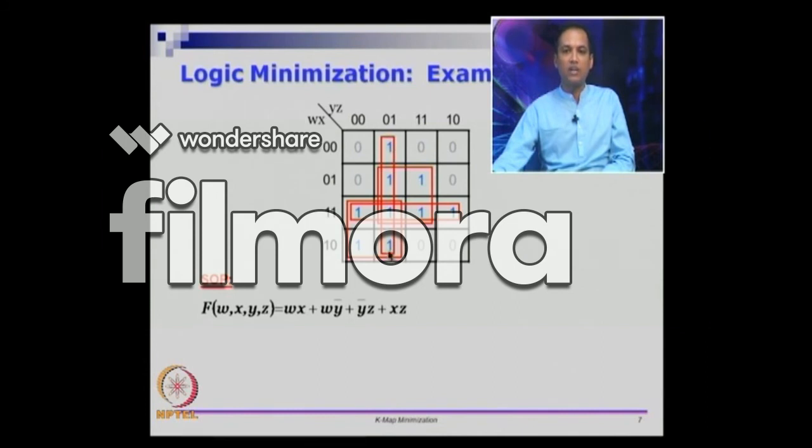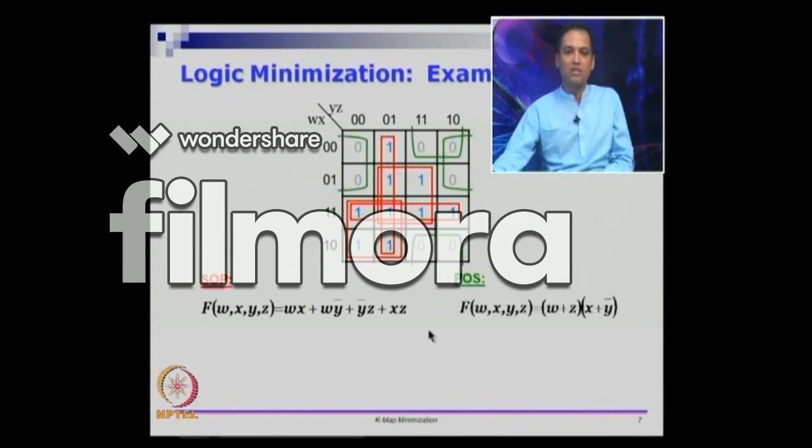This column here corresponds to y being 0 and z being 1, so you have y bar z. This row here corresponds to w being 1 and x being 1, so you have w x. And finally this group of 4 corresponds to x being 1 and z being 1, so you have x z. So f of w x y z is w x plus w y bar plus y bar z plus x z. This is a very simplified expression for this truth table, or the K map, that is given here.